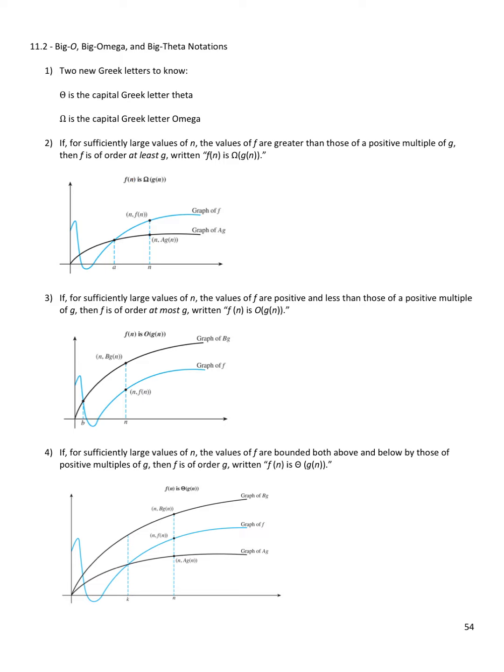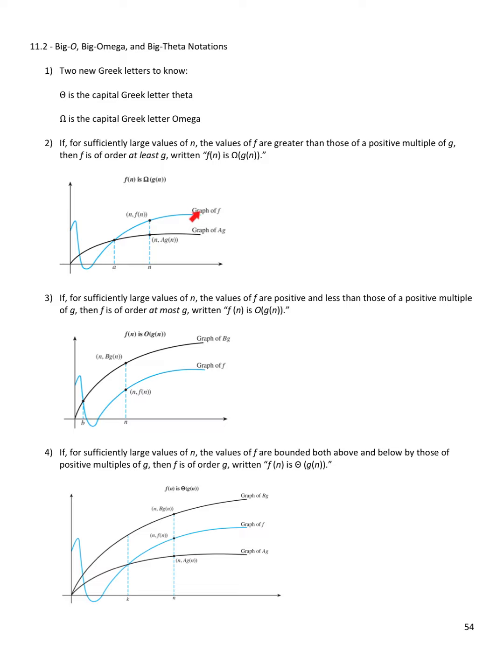So here's a picture of it. So this black curve here, that is a multiple of g. So they wrote a times g. So a is the multiplier. So this is some multiple of g. And f, after a certain point, okay, f is larger than it.